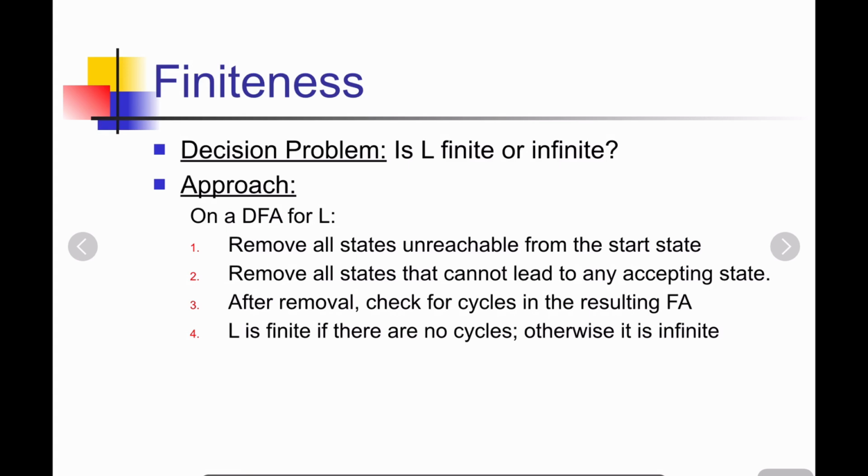After removing them, check for a cycle in the resulting FA. If there are no cycles, L is finite. Otherwise it is infinite. If the FA has a cycle, then it is infinite.